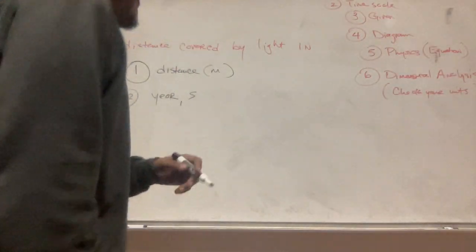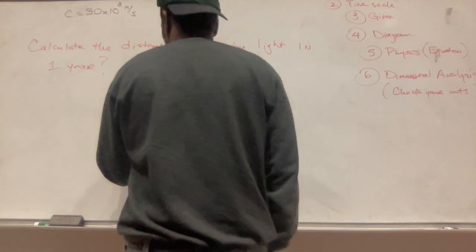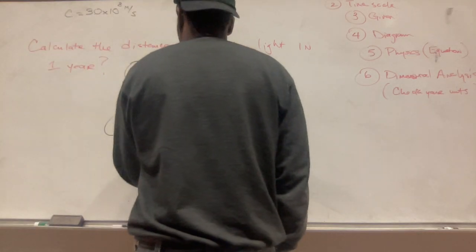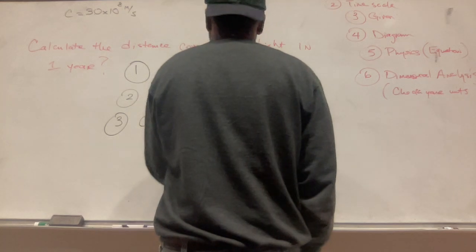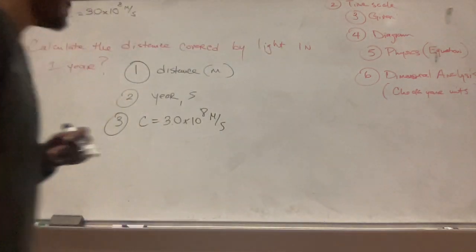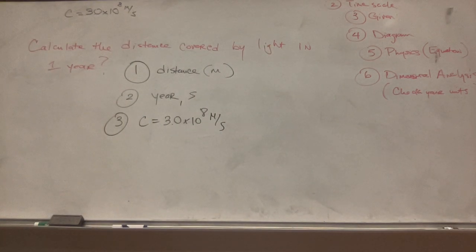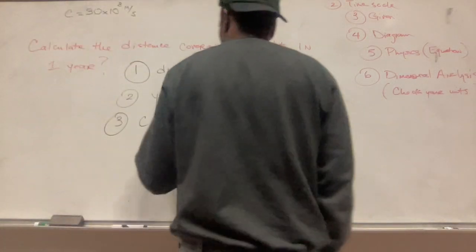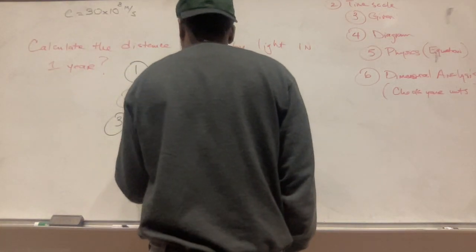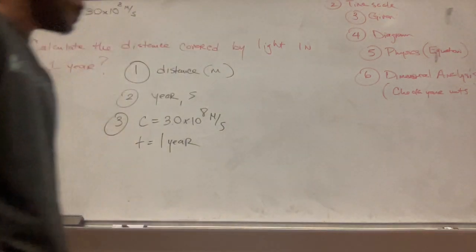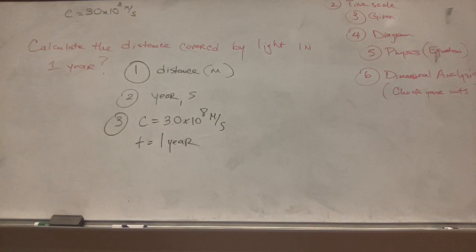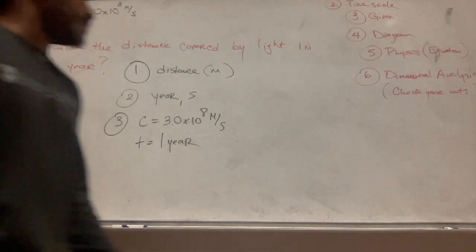3, givens. We got the speed of light, c, 3.0 times 10 to the 8 meters per second. That's c. And we have the time, which is 1 year. Fourth step is to do what?